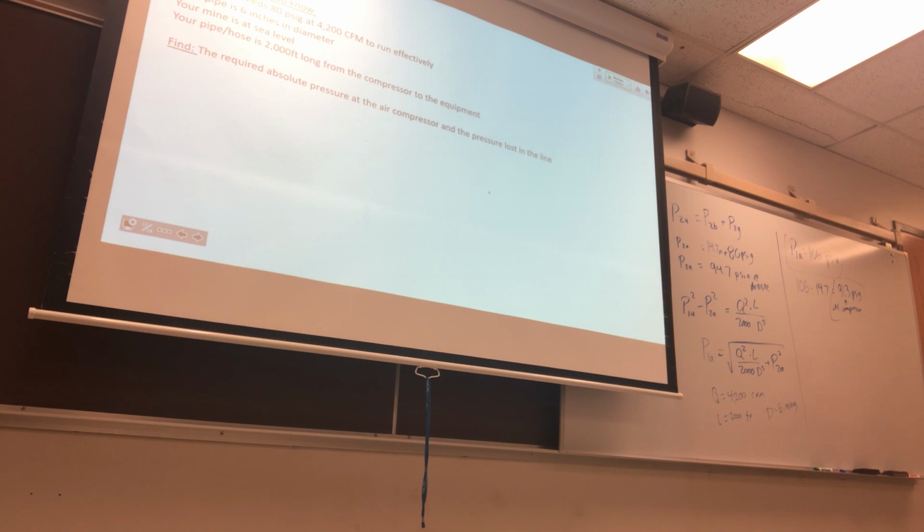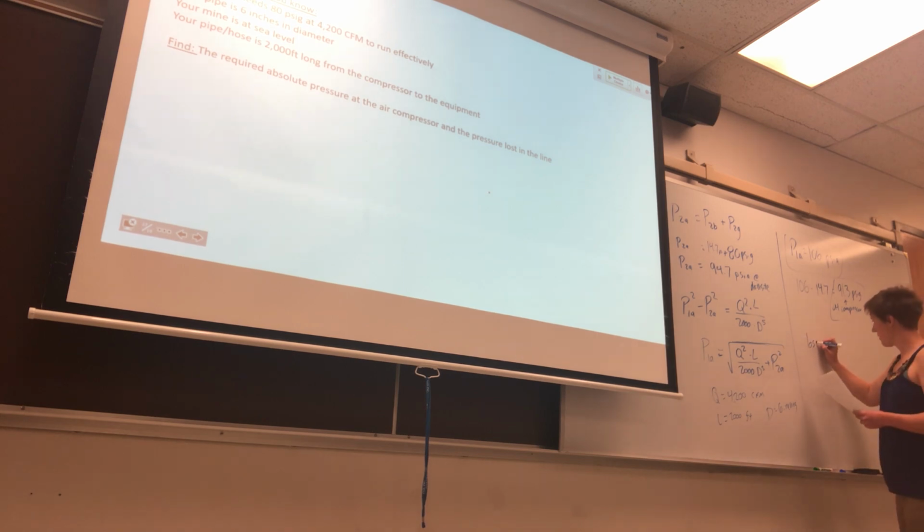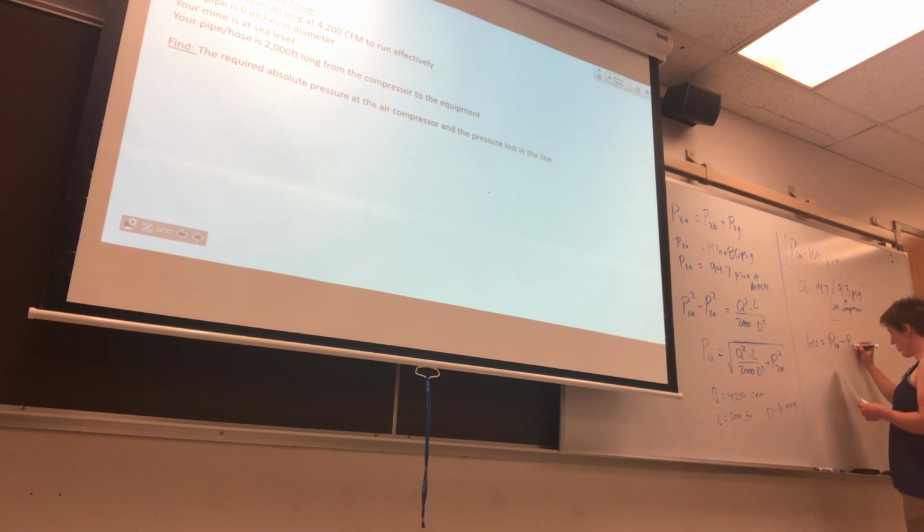Cool. Awesome. Last question is here. And what is the pressure loss? Okay, tapping back to that original equation, our loss is equal to that first absolute pressure minus the second absolute pressure, which we have found. So we said that's 106.